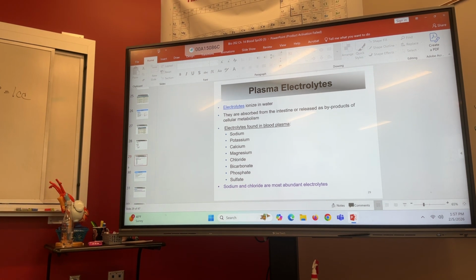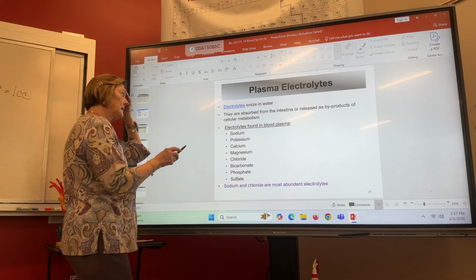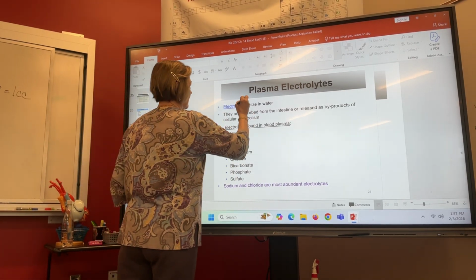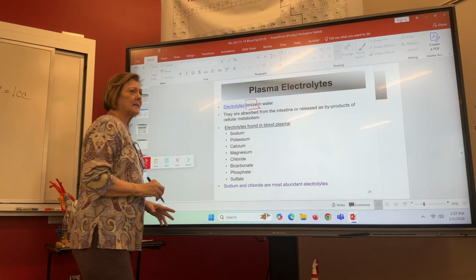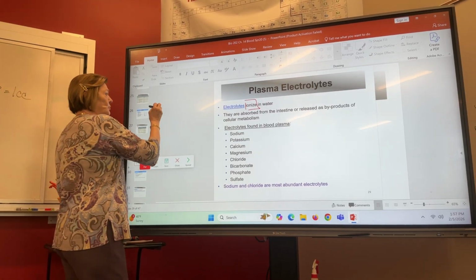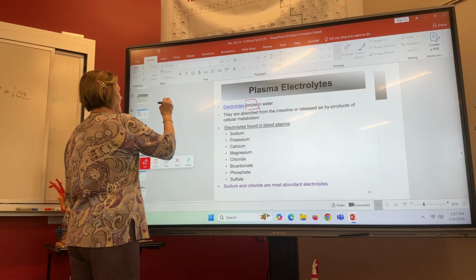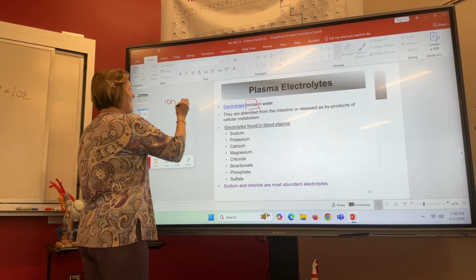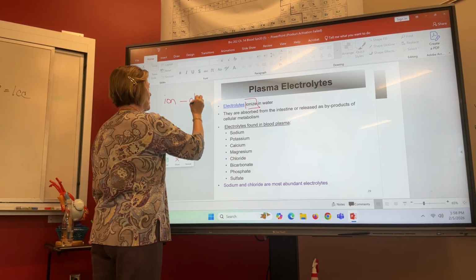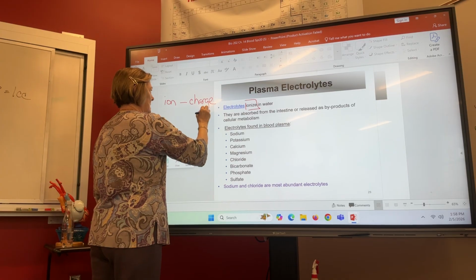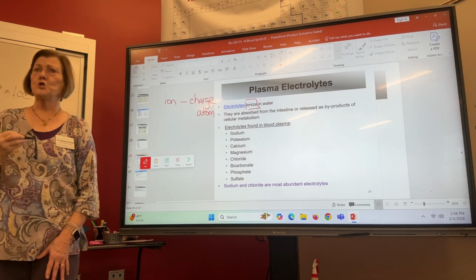Electrolytes. So let's look at this word. Ionize. Okay. You see the word ion in that. And an ion is a charged atom. It is no longer neutral.